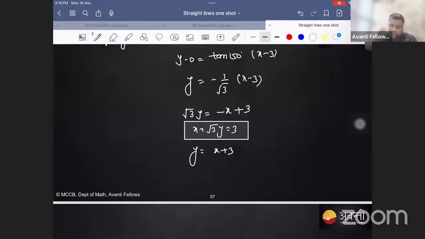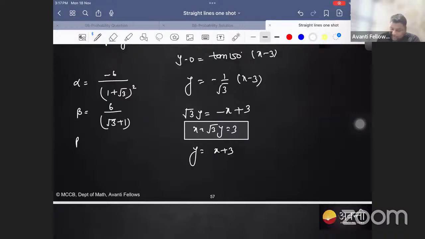So you will get alpha as -6 upon (1 plus root 3) whole square. Yes, this is your alpha. So beta will be 3 minus alpha. So that will come as 6 upon (root 3 plus 1).